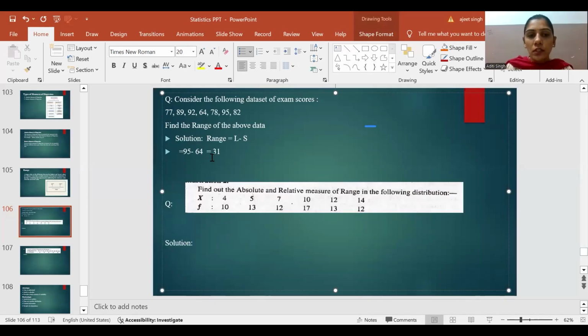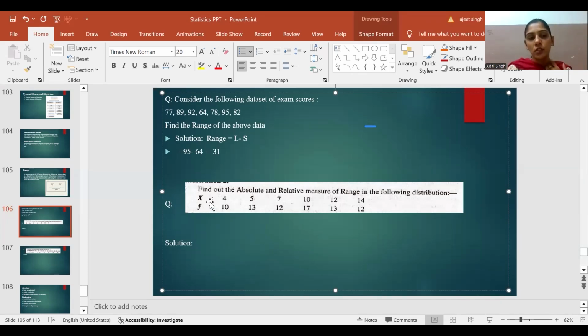The range value is 31. If we have to find the coefficient of this, the formula for calculating the coefficient of range is the largest value minus the smallest value divided by the largest value plus the smallest value. So this is the formula.